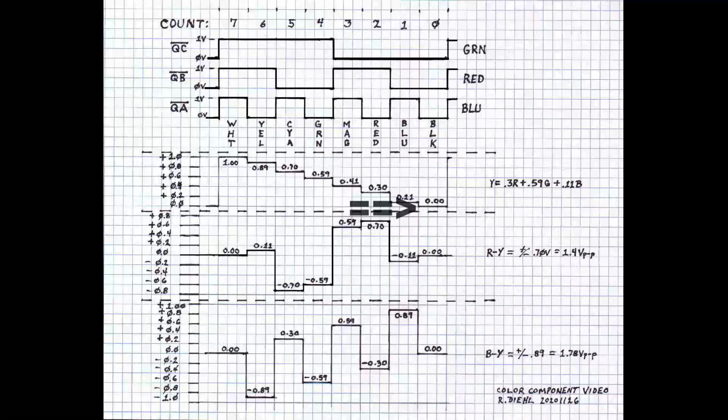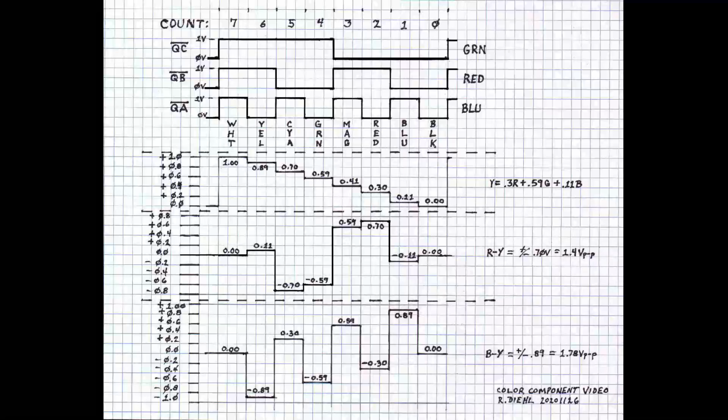Green has a luminance value of 0.59. The magenta has a luminance value of 0.41, red is 0.3, as indicated in the equation, blue is 0.11, and of course black is 0. Black represents the absence of light.